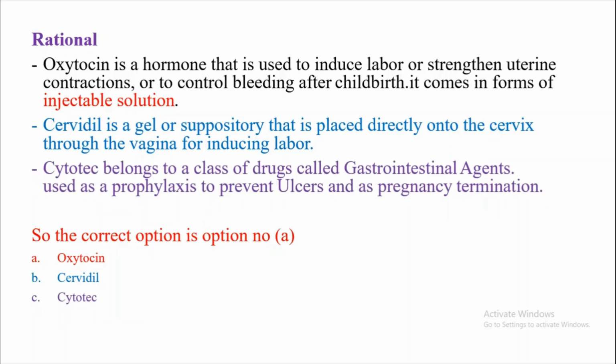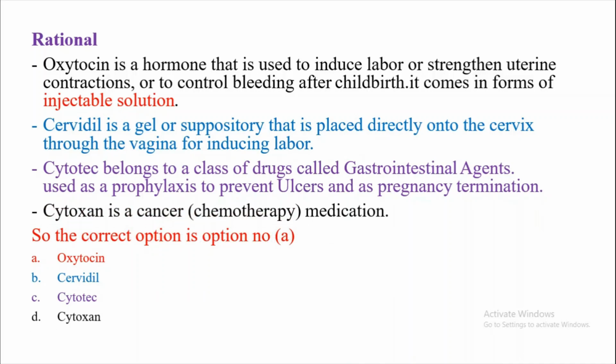And cytotic belong to class of drug called gastrointestinal agent, used as prophylaxis to prevent ulcer and as pregnancy termination. And option number D, cytoxan, is a cancer medication, chemotherapy. So the correct option is option number A, oxytocin.